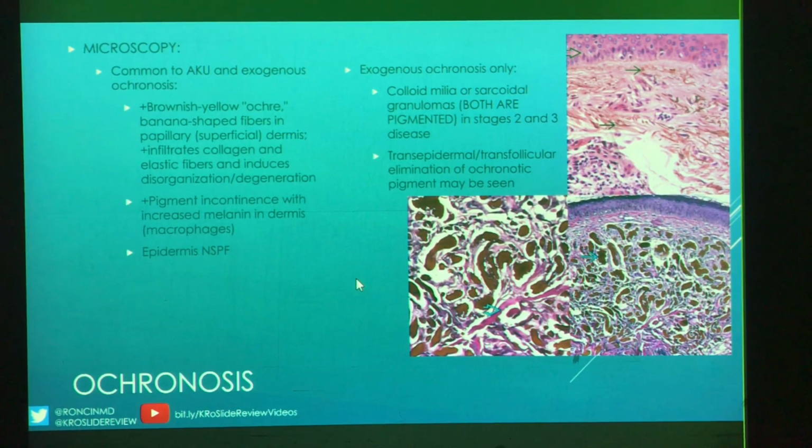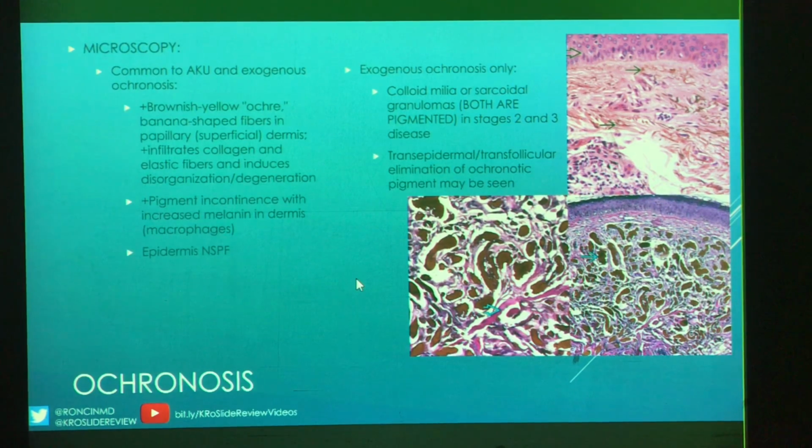So what's common to both alkaptonuria and exogenous ochronosis is that ochre-colored banana-shaped fibers in the superficial dermis or papillary dermis. These are very infiltrative to both the collagen and elastic fibers, and they just give this very disorganized appearance to the collagen.